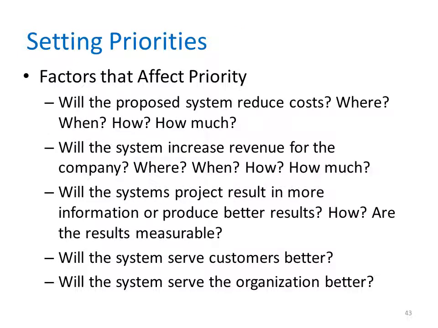After rejecting systems requests that aren't feasible, the Systems Review Committee has to establish priorities for the remaining items. The highest priority goes to the projects that provide the greatest benefit at the lowest cost and in the shortest period of time. Many factors, several of which are shown on this slide, will influence that project evaluation.